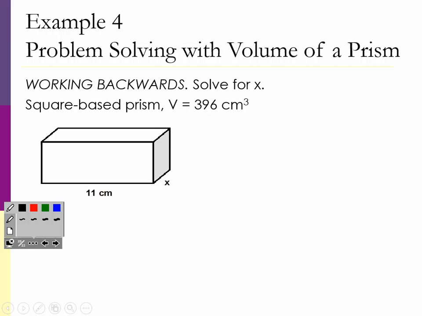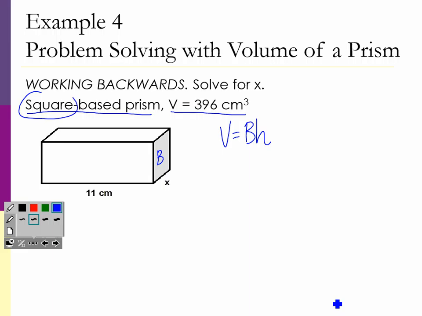And then we had another problem asking us to work backwards to find the missing side, or the x, because it tells me we have a square base prism. We have the volume. Volume of any prism is BH. Because it's a square base prism, the square is the base. So my B is a square, and to find that I do x times x, which means B is x squared.